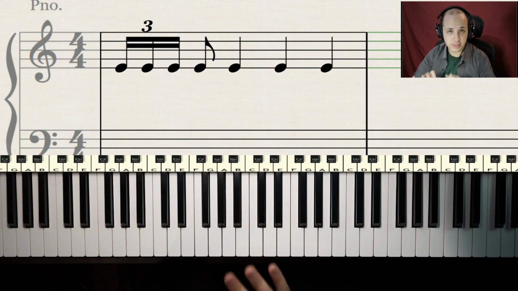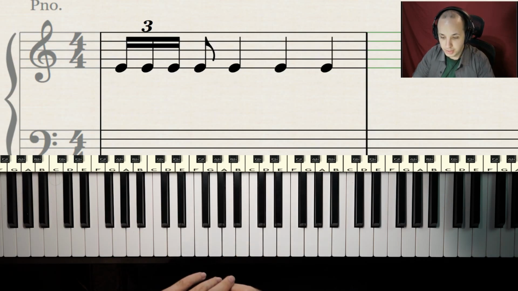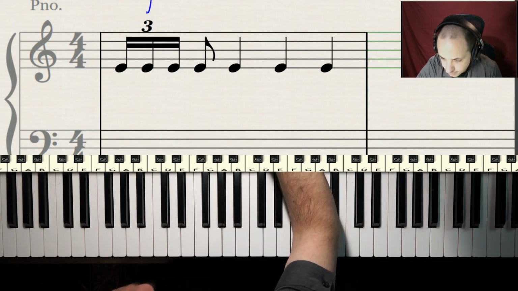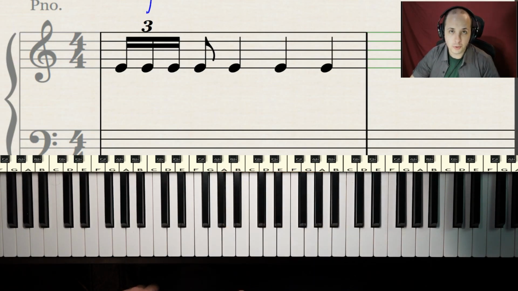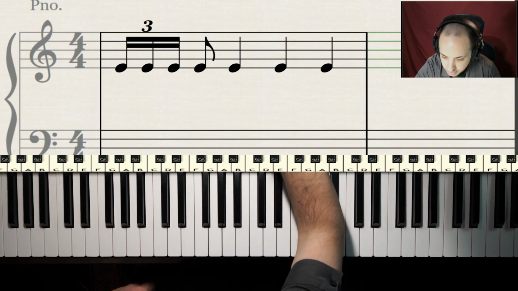Now this is a 16th note triplet. Remember, a 16th note, at least in 4/4, gets a quarter of a beat. So this is going to actually take up altogether half of a beat. So here we go. Now these are so short that they're a little bit difficult to count, but it's really not that bad.